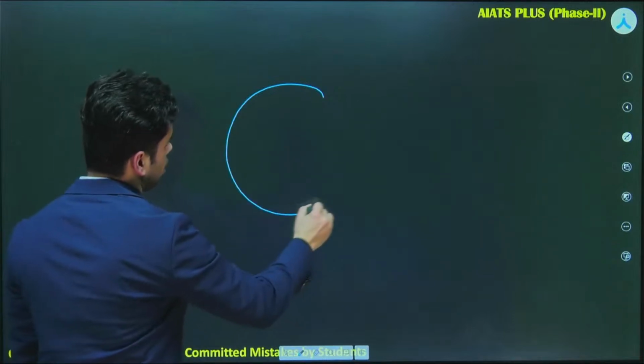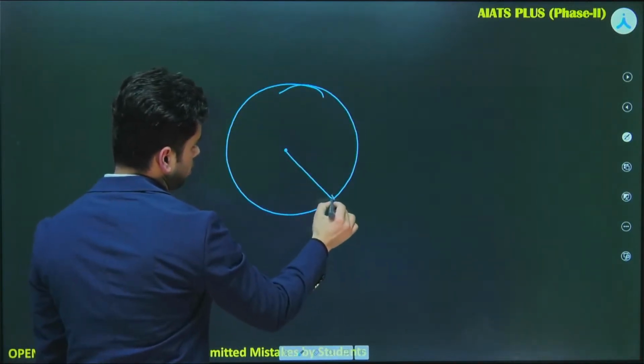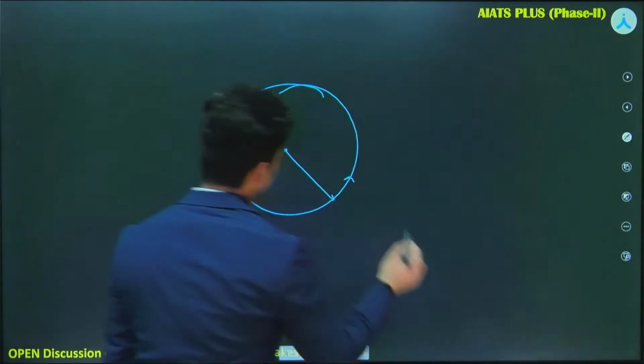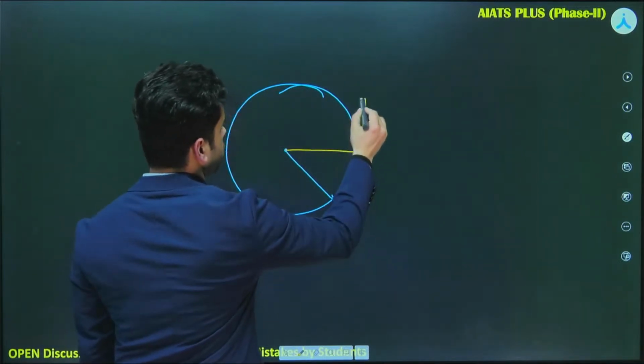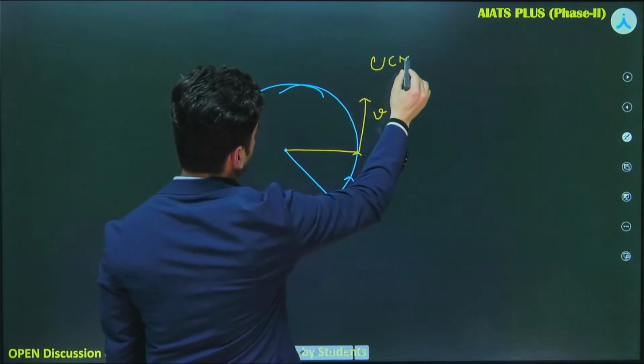If this is my circular path, suppose a particle is moving like this, right? At this point the velocity will be in this direction. I'm talking about uniform circular motion.